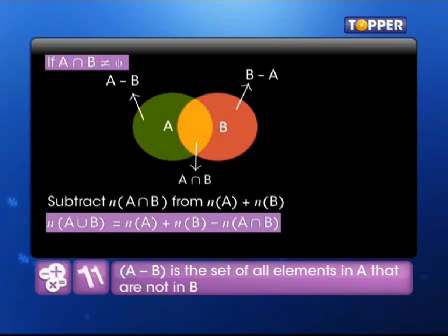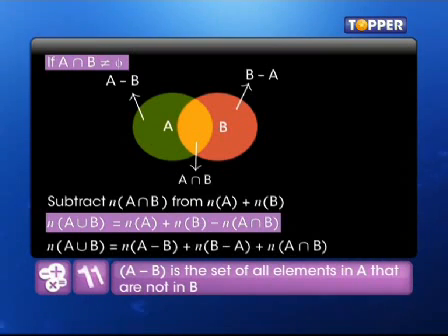A minus B, the difference set, is the set of all elements in A that are not in B. We will then get n of A union B is equal to n of A minus B plus n of B minus A plus n of A intersection B.